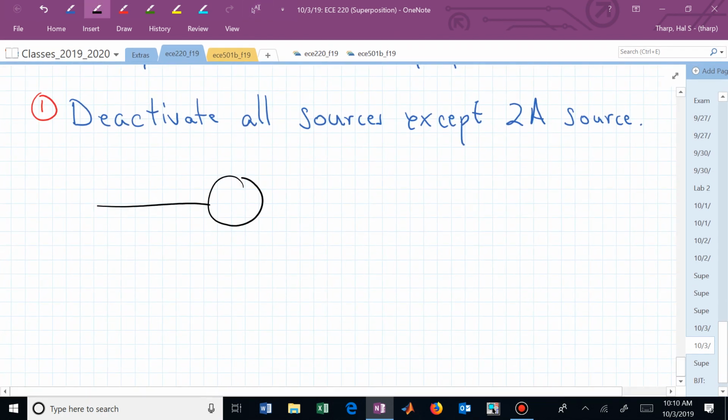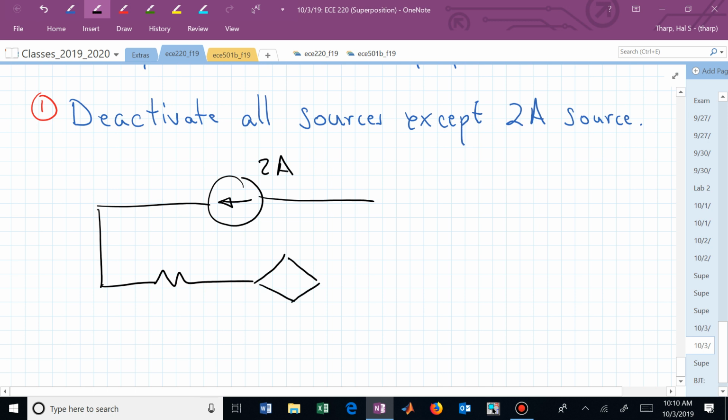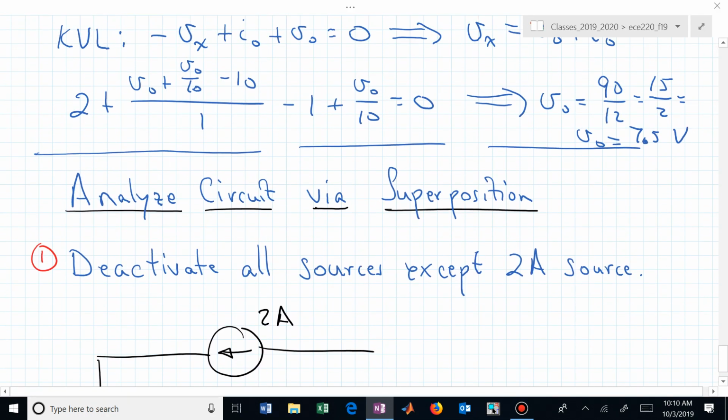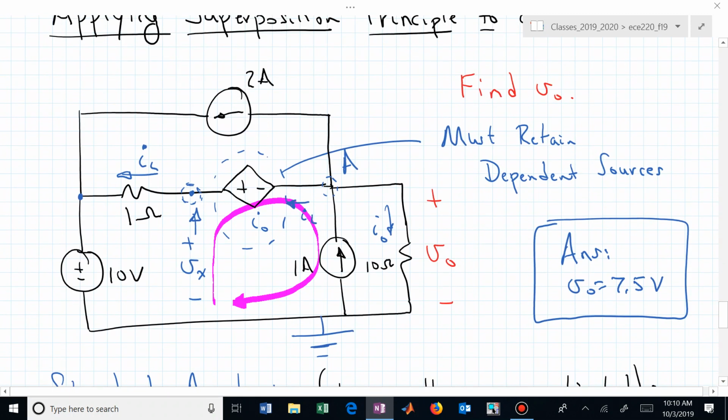I'm keeping this one active. I have to retain the dependent source. And what else do I do? What happens when I deactivate the 10 volt voltage source? That's shorted. What happens when I deactivate the 1 amp current source?